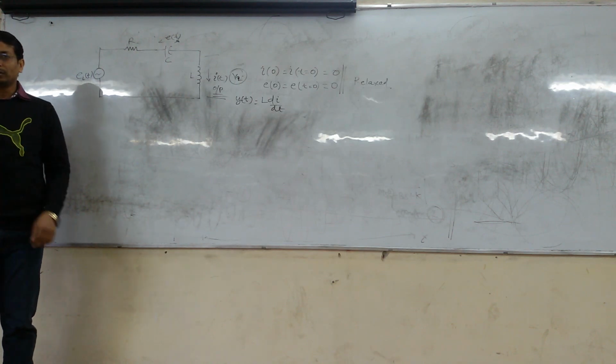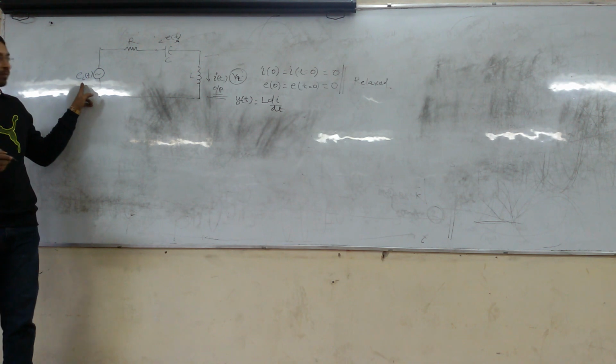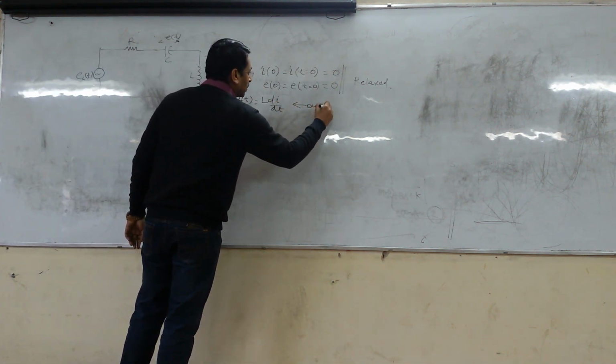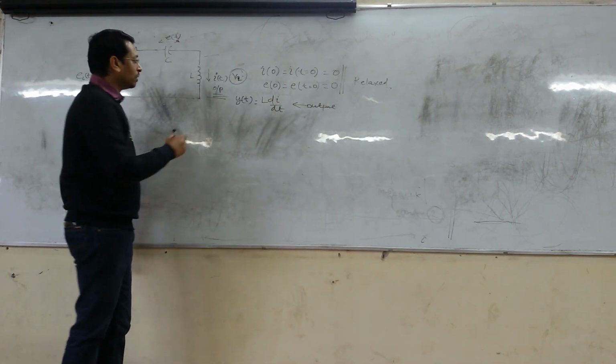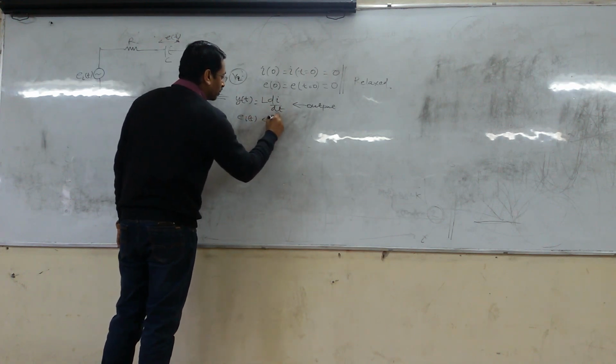And what is your input? The applied voltage. So this is your output, and I am just making things easier for you. Your input is e_i(t).